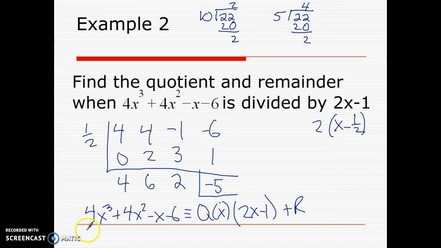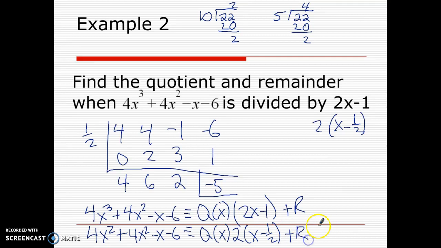Okay, I'm saying let's change the divisor to be this, right? And realize that I haven't done the division by 2 here.